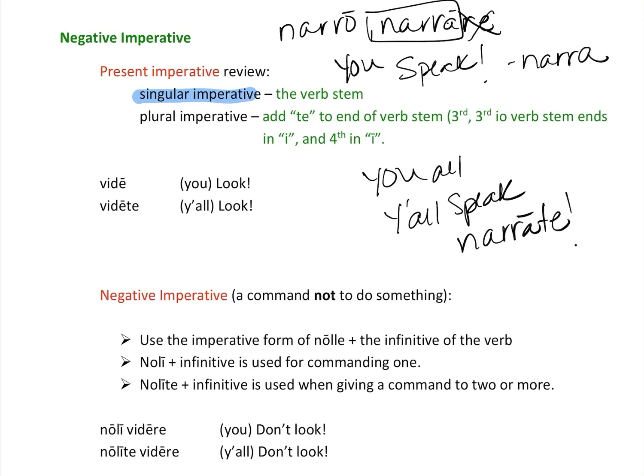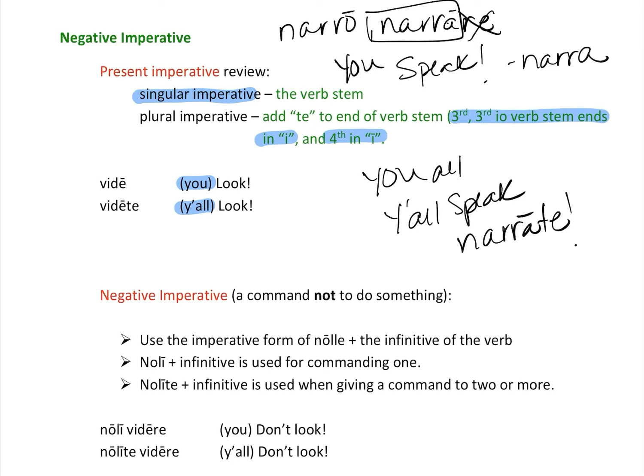Vide, that's the stem for this second conjugation verb, means you look, singular, and videte is y'all look, that's plural. And I remember this was a little bit confusing to you last year, but now I think that you'll understand it. Now, plural imperative, te to the end of the verb stem. Keep in mind that third I-O verb stems end in a weak I, and fourth ends in a strong I. That's all in your chart book to help you remember.